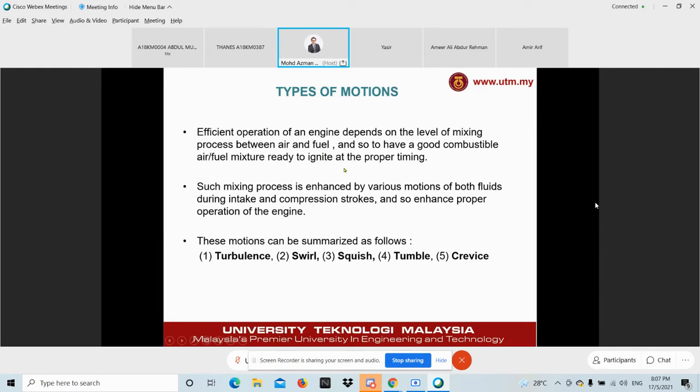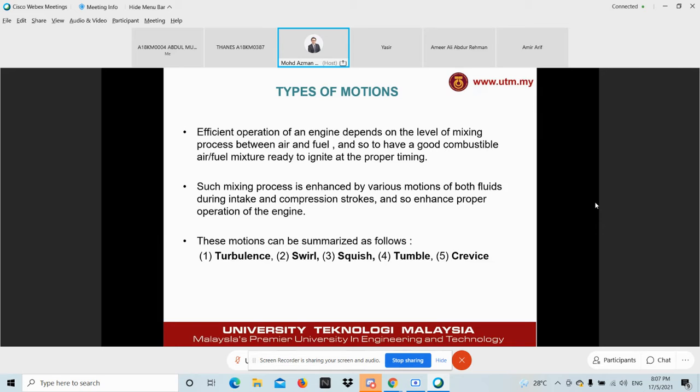So efficient operation of the engine depends on the level of mixing process between the air and fuel. Such mixing process is enhanced by various motions of both fluids during the intake and compression stroke, and so enhances the proper operation of the engine.